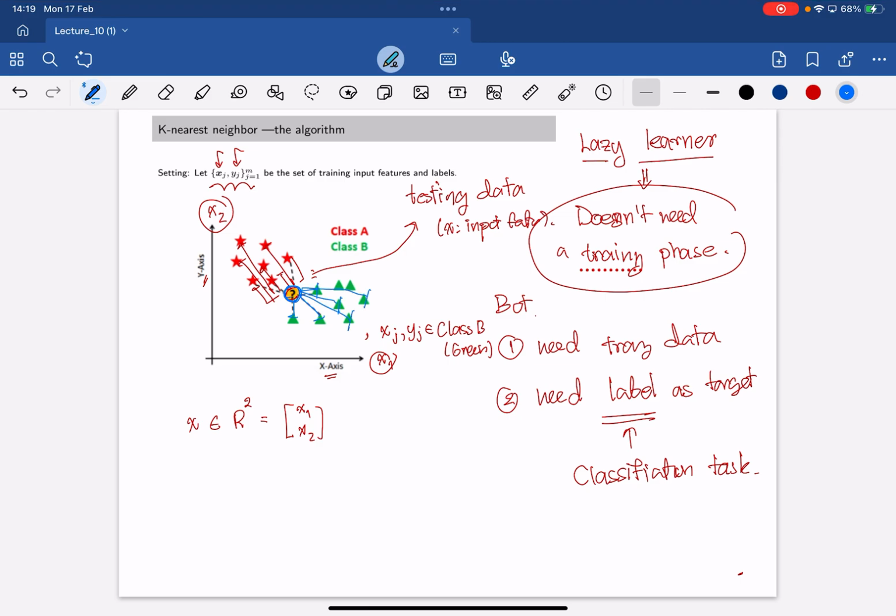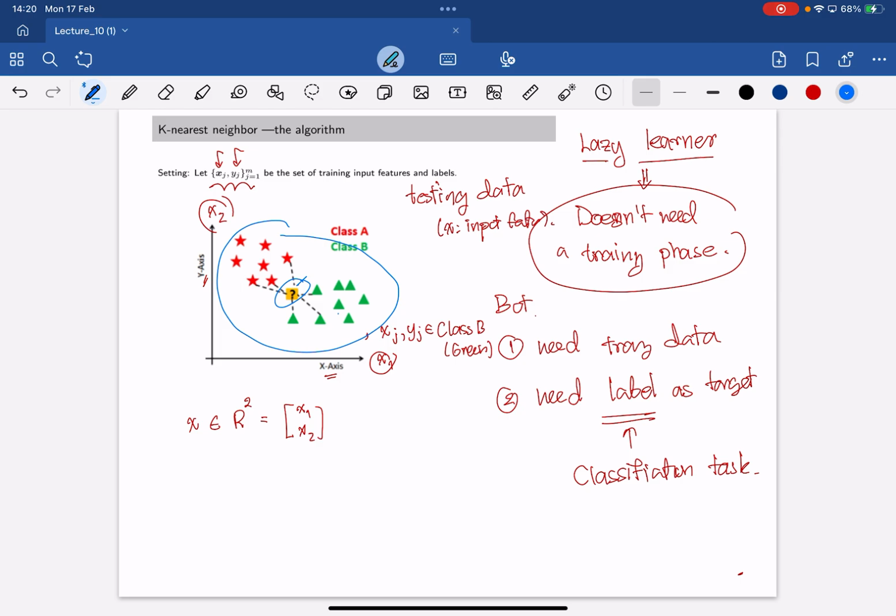After that, you can measure the distance between this yellow point and all these points. And then you can judge whether this testing data should belong to class A or class B by doing something like a majority vote. If you use all the samples around it, whichever class has more samples will determine the class of that point.